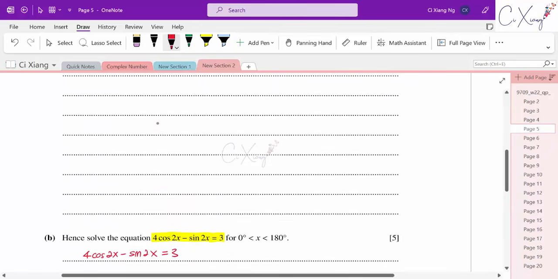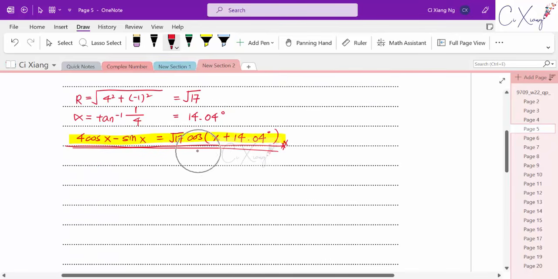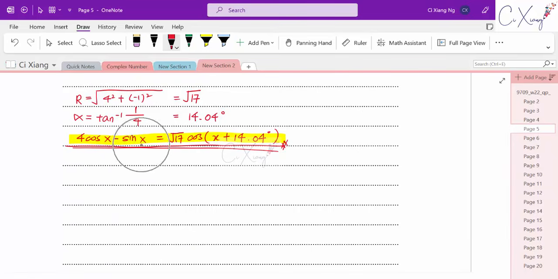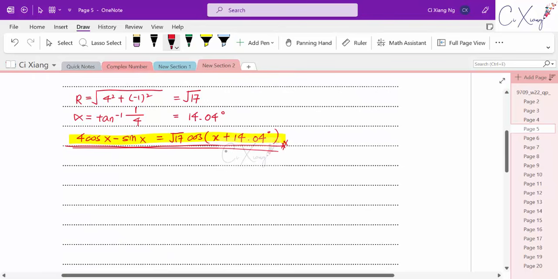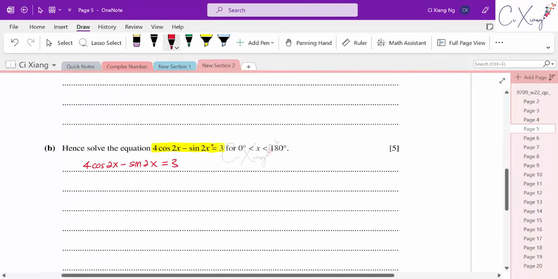In our original part A, all the values here are x, and when we change it into this pattern, square root cos x plus alpha, this is the x. But in our question, we are having 2x and 2x, therefore the x here we should also multiply to become 2x. Alright, so I write it again.